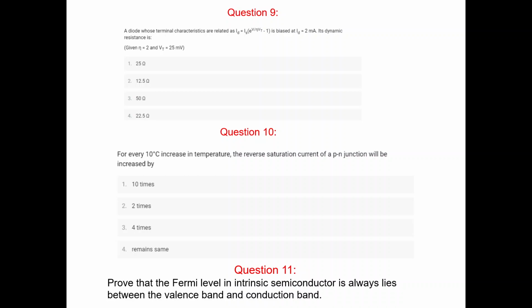Two times, sir. Because for every 10 degrees, the reverse saturation current doubles.